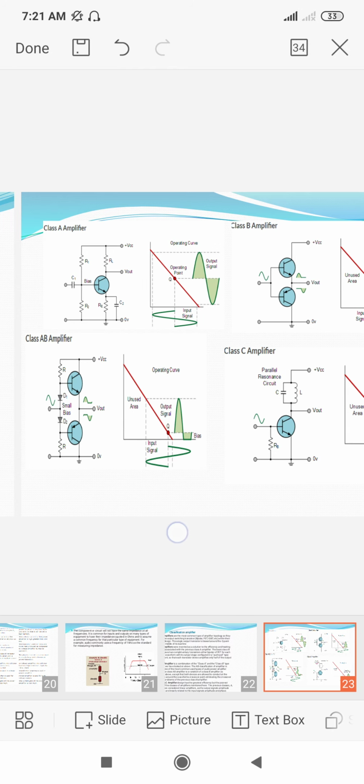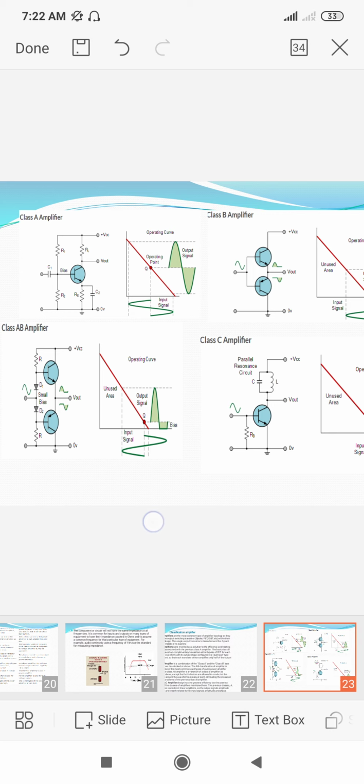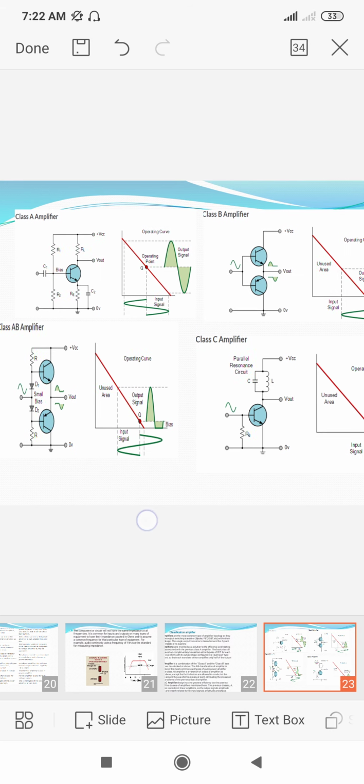These are the positive half cycles and negative half cycles of the output of the class AB amplifier.